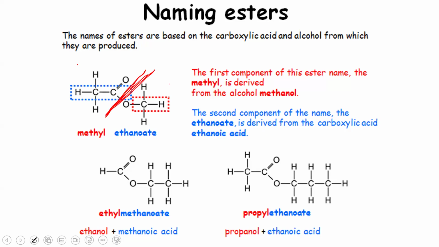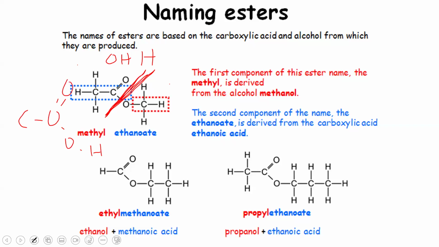When you react them together, you're also making water. Your alcohol loses an H, and your carboxylic acid loses an OH. The O, the H, and the H combine together to make your water. So if you think about it, I've got C to O to O to H, and a double bond O there.